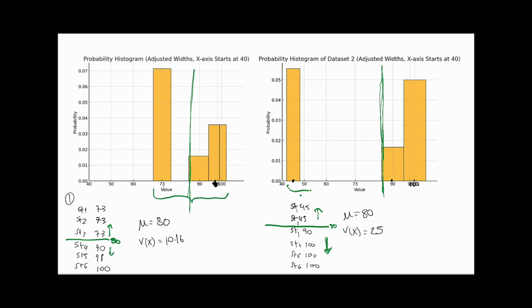While in this one, I have a very spread histogram. I go from 45 to 100. So my data is spread. And this statistic, which is a score, represents the spread. How spread is the data? So this is less spread. This is more spread.